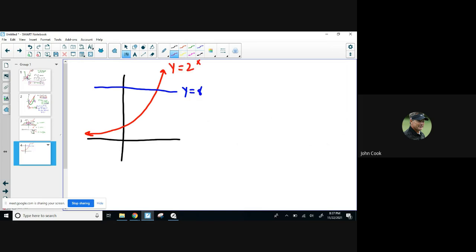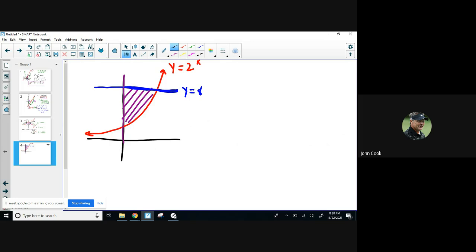And then the last line is x equals 0. So the shaded region goes right here. And this one shouldn't be that hard to graph. You do the top function, which is just 8. It's the height. That's the top function. And then we're going to subtract away that exponential function from it.